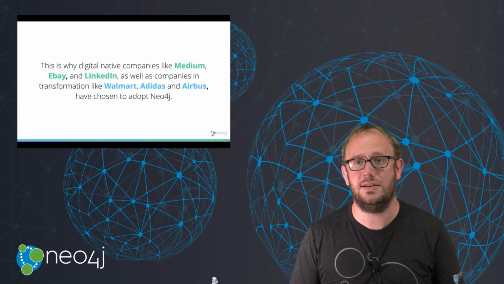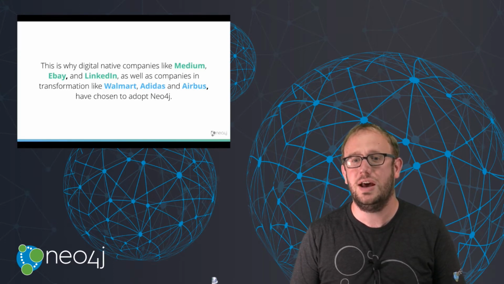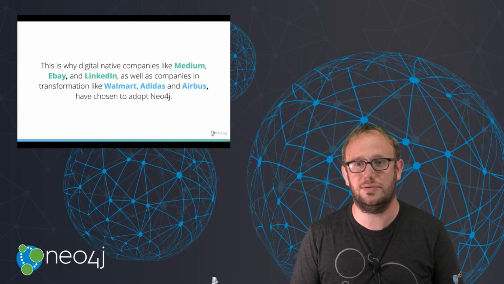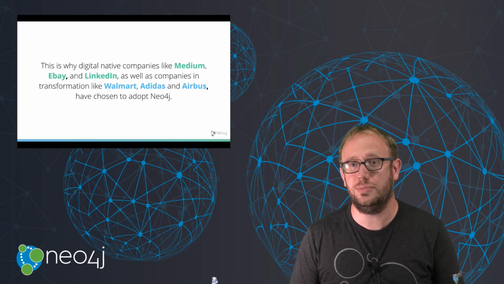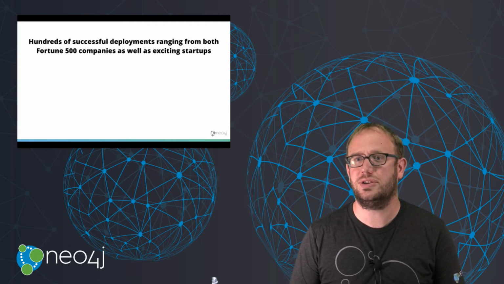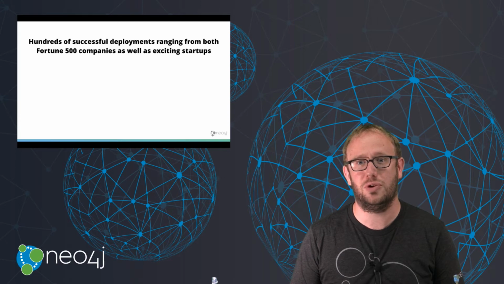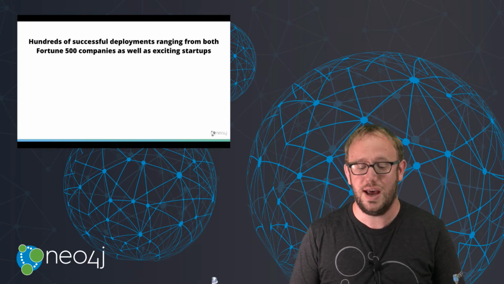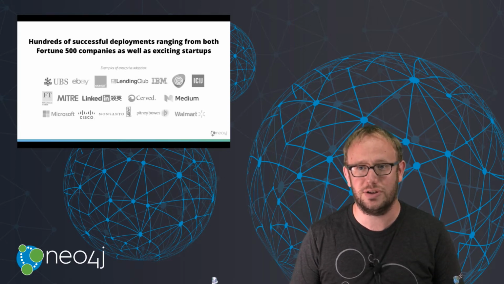This is why digital native companies like Medium, eBay, and LinkedIn, as well as companies in transformation like Walmart, Adidas, and Airbus, have chosen to adopt Neo4j. We'll talk a little bit more later about what Airbus is doing with Neo4j. But we have hundreds of successful deployments ranging from both Fortune 500 companies as well as exciting startups.